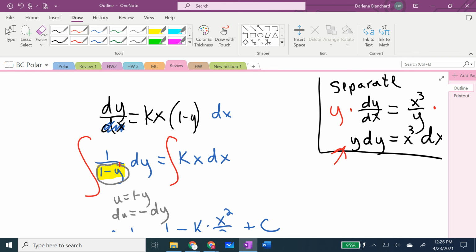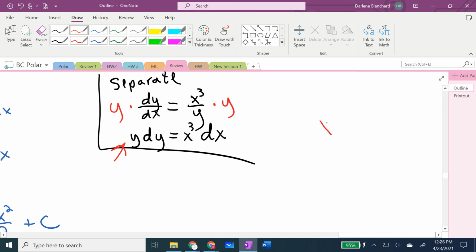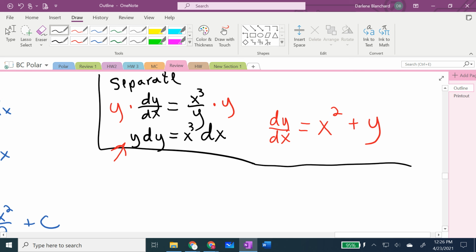Also know this. I've seen problems where they add, let's say your dy dx is something involving an addition or subtraction, and you can't, through multiplication or division, separate the variables. They are not going to ask you to solve that differential equation.